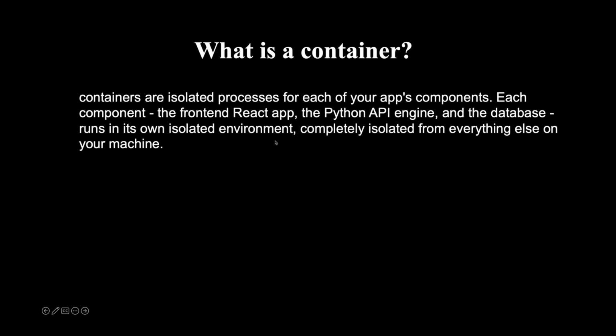So what is a container when it comes to Docker? A container is just an isolated process for each of your application's components. In our Express.js job backend application, we have an Express.js application that uses Node.js as our runtime, and another component that uses MongoDB.